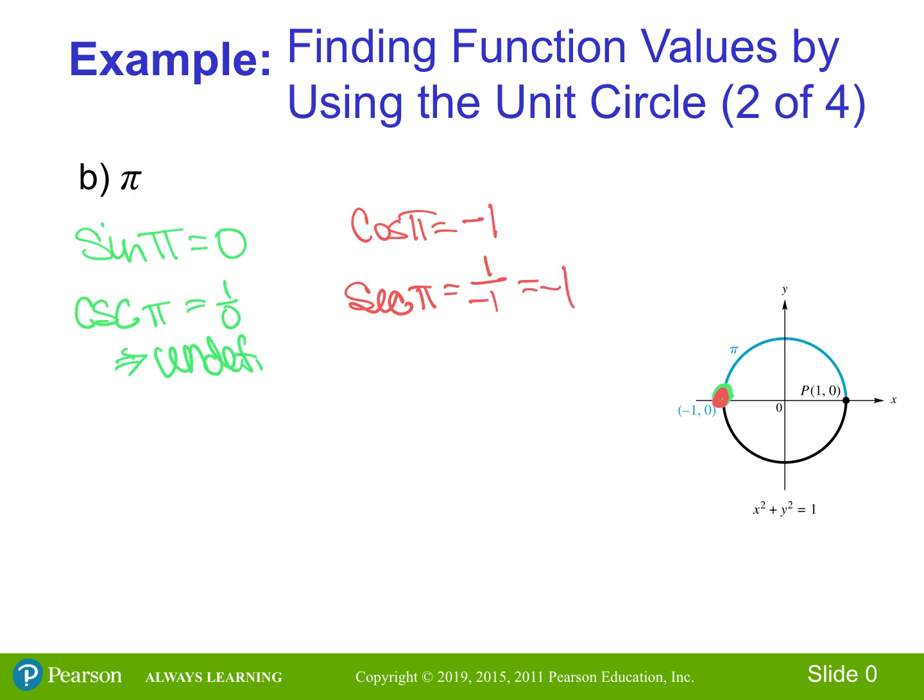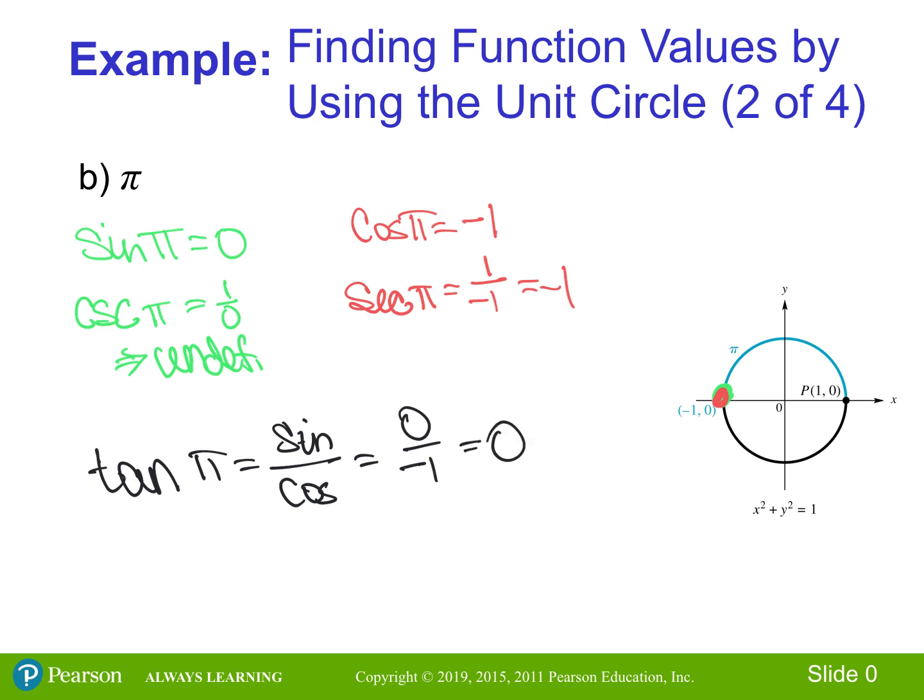And then my last one is going to be tangent. So the tangent of pi is going to be my y value over my x value, so this is really sine over cosine. Well, for my sine, we said that my sine value was 0, and my cosine value was -1.